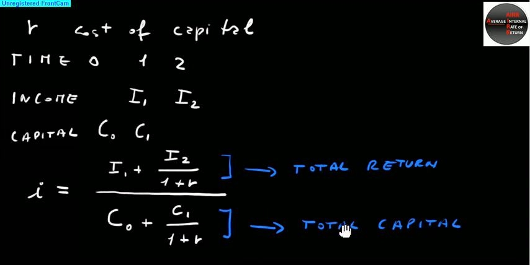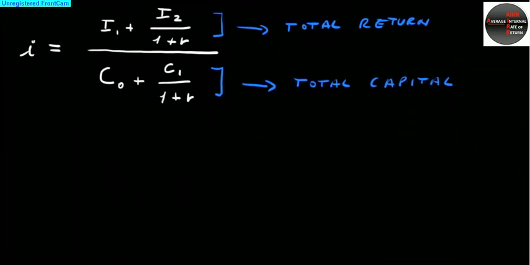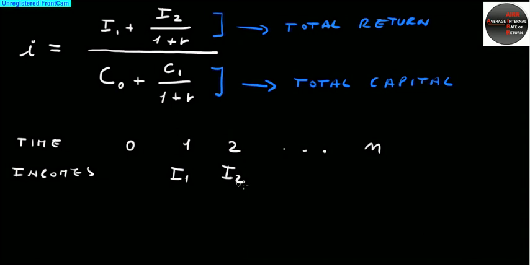More generally, consider a project of n periods, where n is equal to or greater than 1. So, I suppose we have n plus 1 dates, 0, 1, 2, 3, and so on until n. We have n incomes, which we denote as I of 1, I of 2, I of 3, and so on. The last income is I of n.